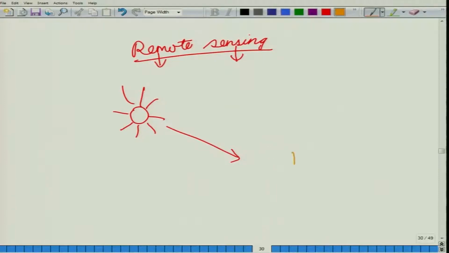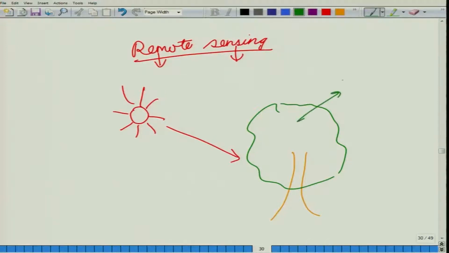The canopy of the tree is going to interact with the sunlight and reflect green color, whereas the stems are going to interact with that light and give out, say, brown or yellow-brown color.